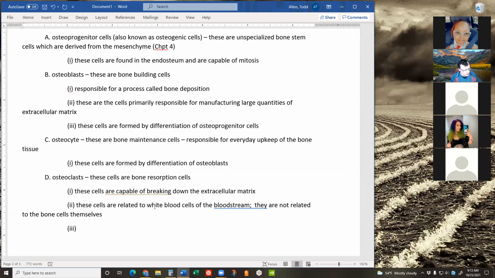Okay, let's see what else we should say here. If you look very carefully, osteoclasts are multinucleated. Do you see that? They're multinucleated. Okay, so I have a question in the chat window.